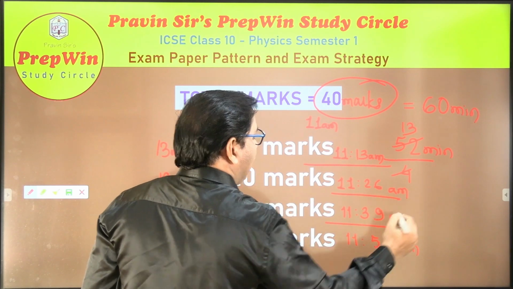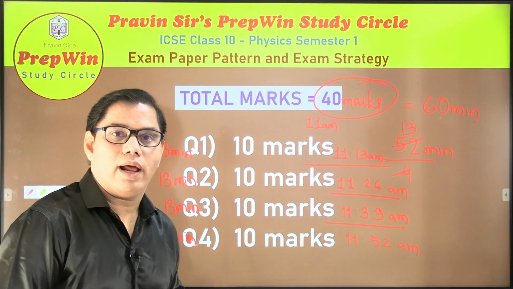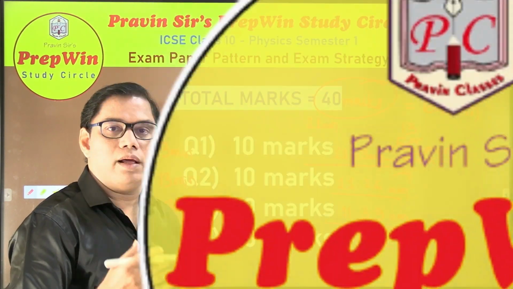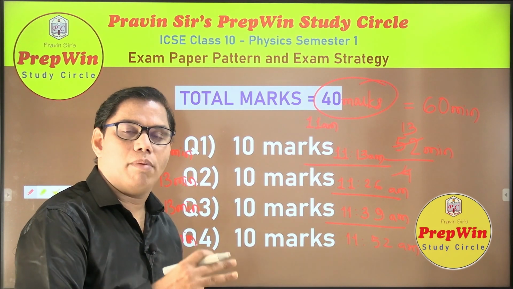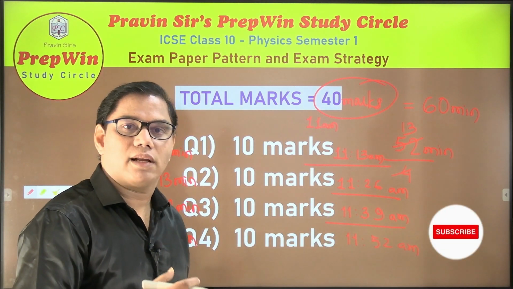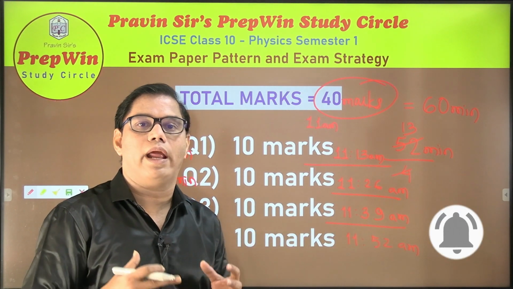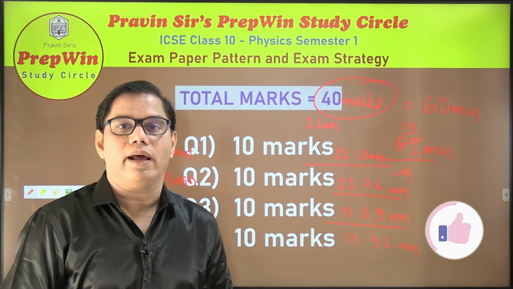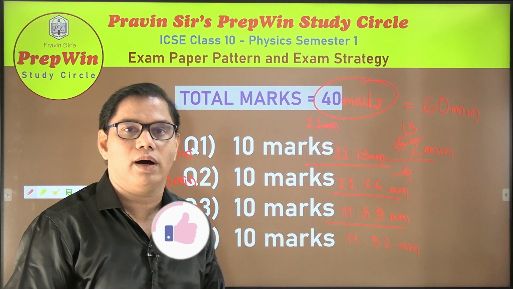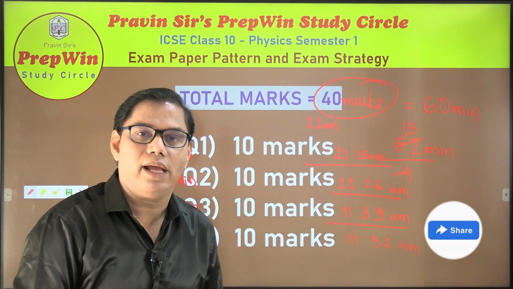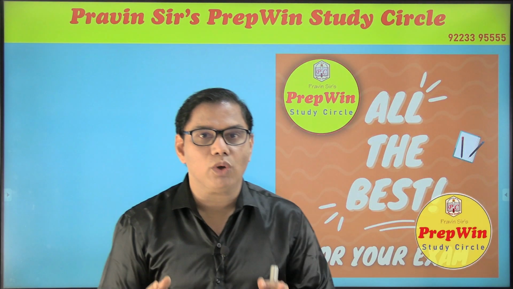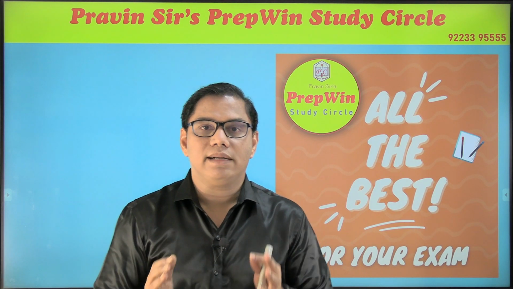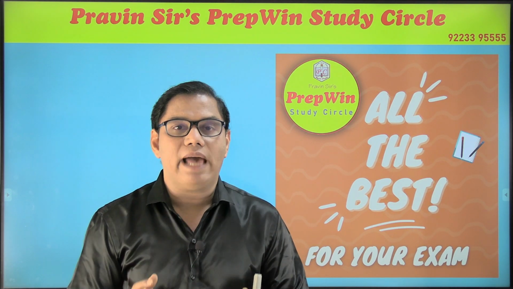So you will have at least 8 minutes in your hand to review your paper, to cross check, to double check whether you have written your options right or wrong, because I don't want any student to find a correct answer after so much hard work and then write it wrong on the answer paper. So this was all about the paper pattern, time management and our exam strategy.